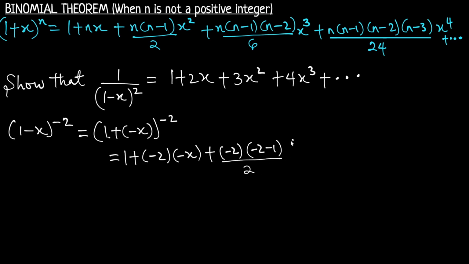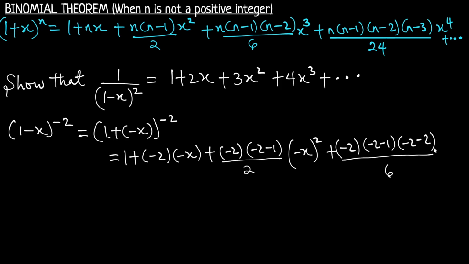Then we have -x raised to the power of 2. Now here we do -2 times -2 minus 1 times -2 minus 2, all divided by 6. And this is going to be -x all to the power of 3. Now it goes on and on.